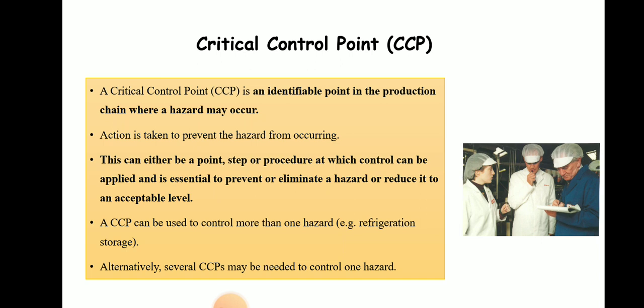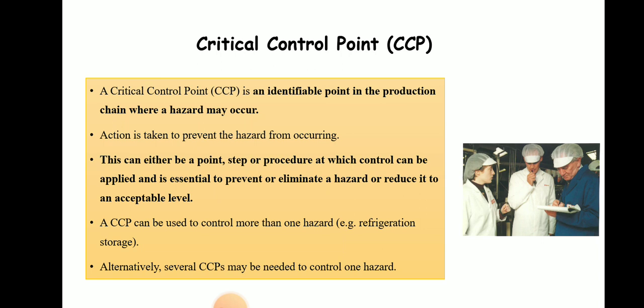A critical control point is the most important step in production, and there can be more than one in the manufacturing of a product, where the chance of a hazard occurring is very high. If we are not able to exert control at that particular point, then we won't be able to prevent that hazard from occurring in the later stages.